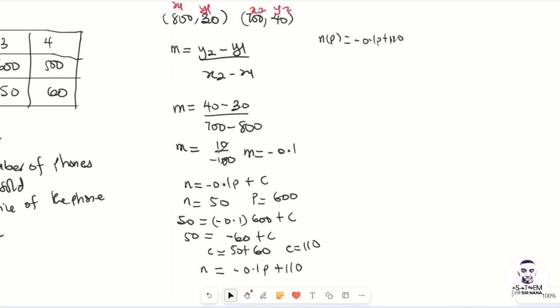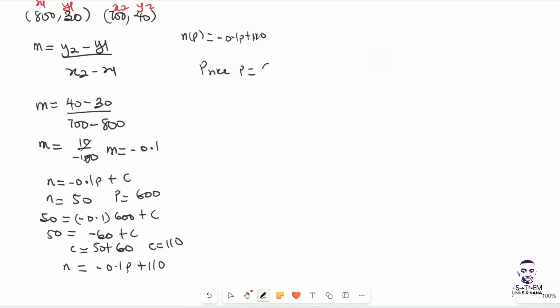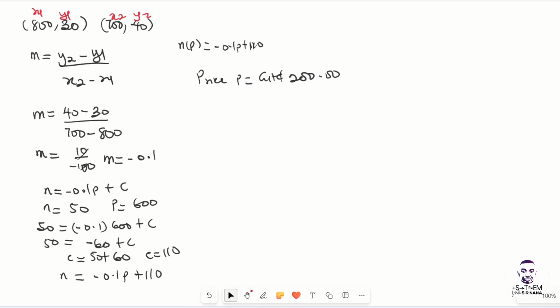Now in the question, we are saying that the price, which is p, is reduced to 200 Ghana cedis. Then how many phones will the storekeeper be able to sell? Wherever we see p, we put 200 there. So n of p, which represents the number of phones, will be equal to negative 0.1 multiplied by 200, plus 110.